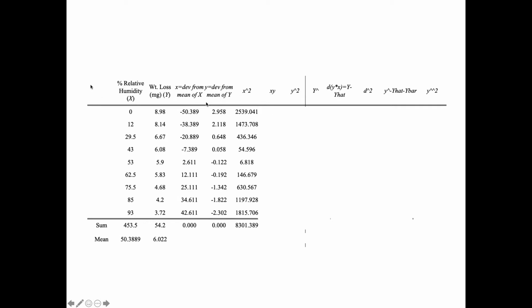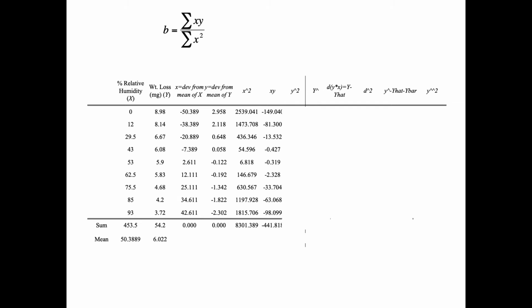X and y, as they're shown here, the little x and the little y, these are the deviations from the mean. When we multiply these together, what we get is these values here, and those all add up to negative 441.818.